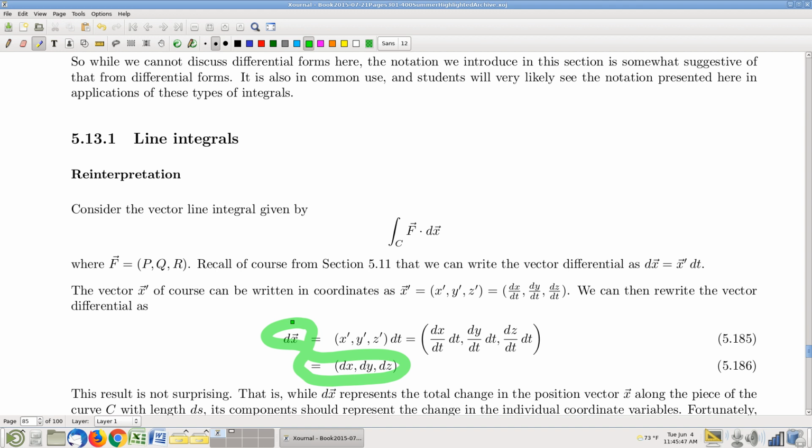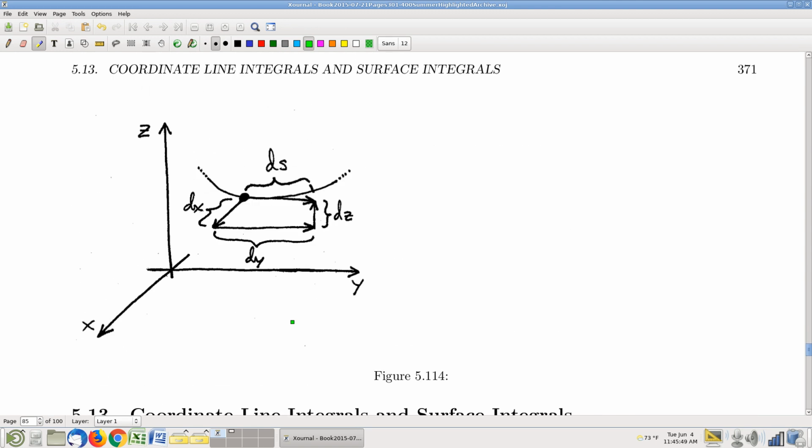All right. And here's sort of a picture of it. Your dx vector is this. And that dx vector is going to have three coordinates. There's the x coordinate of it, and there's the y coordinate of it, and there's the z coordinate of it.